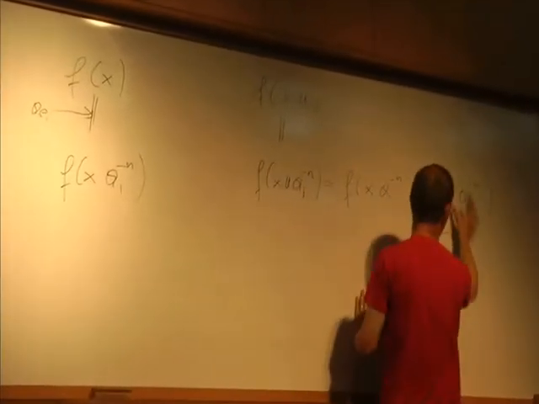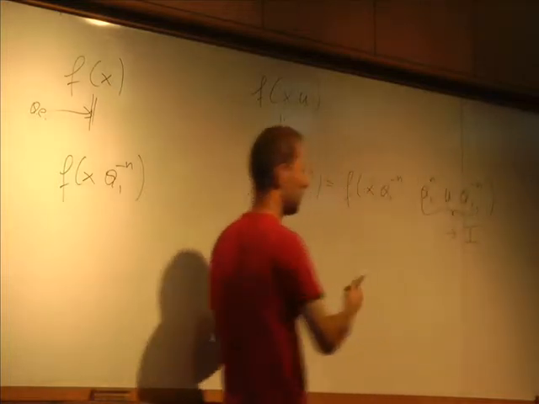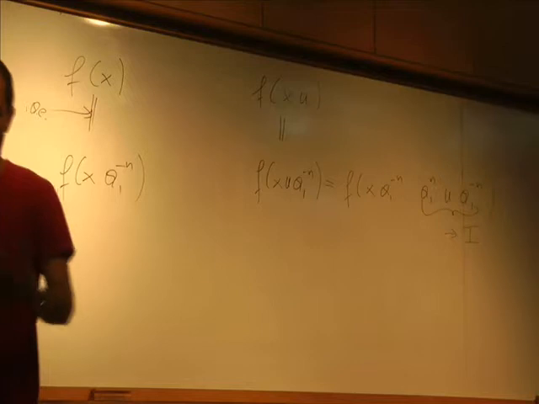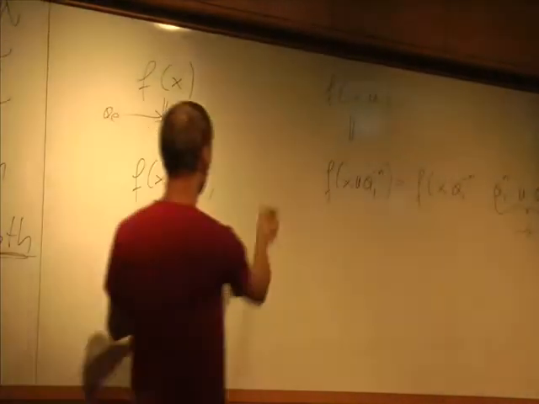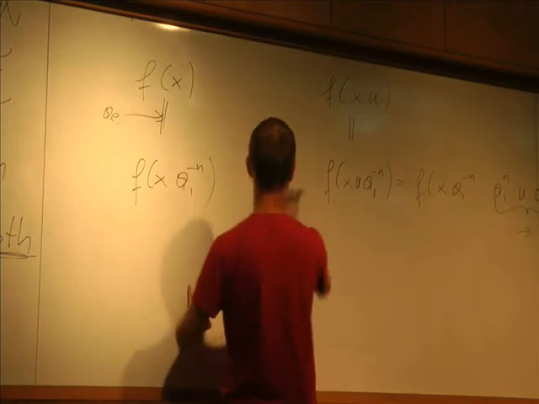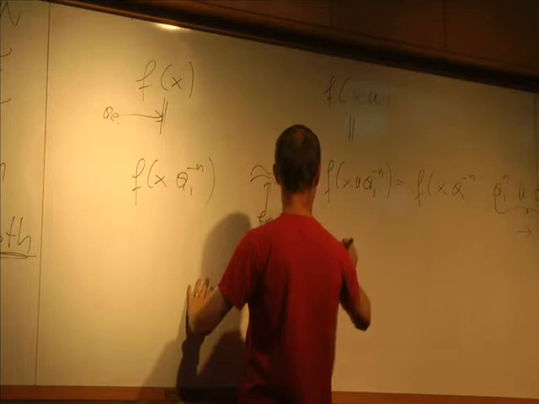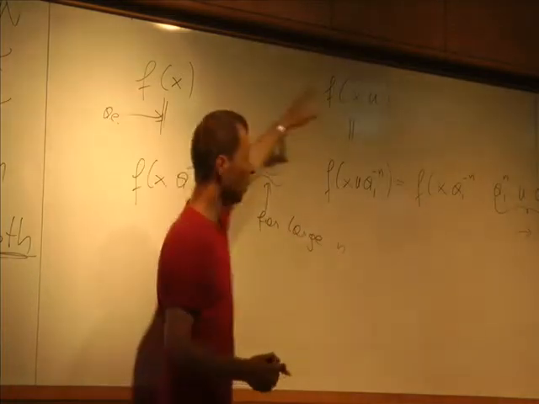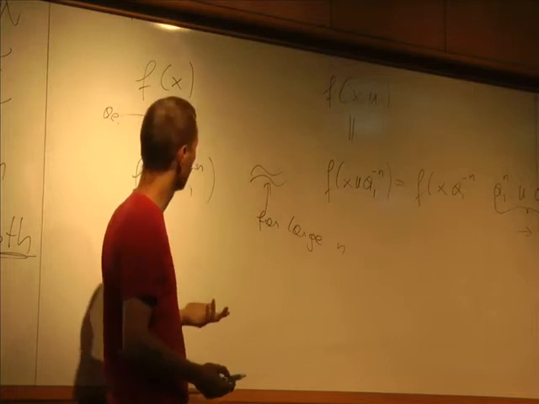But since this is now very close to the identity, and I'm in a compact set where I have uniform continuity, I can say that for large n this is almost the same. But since it's not changing along the way, it's the same all along.